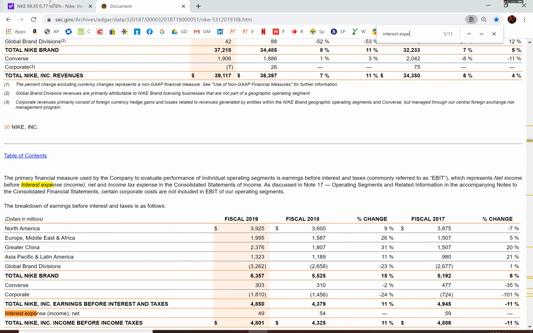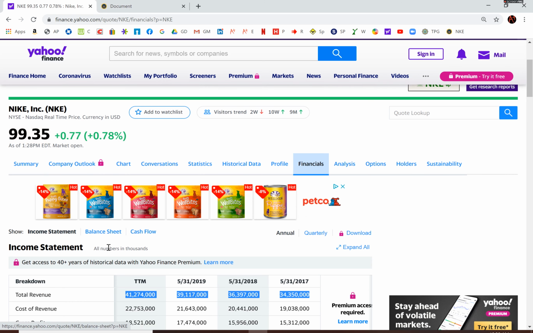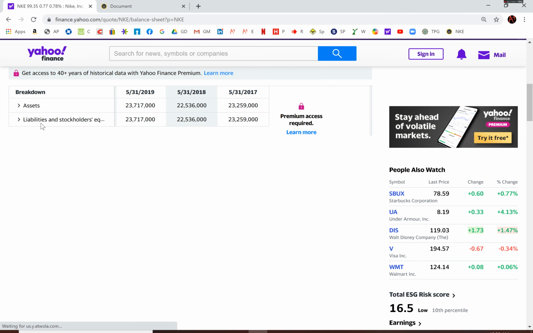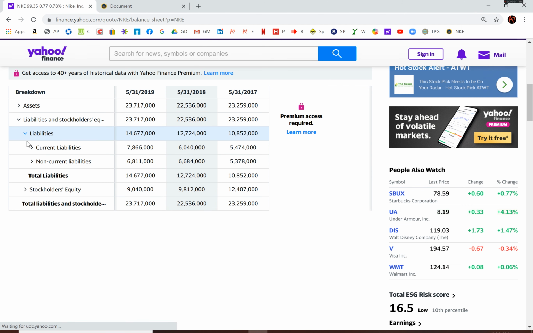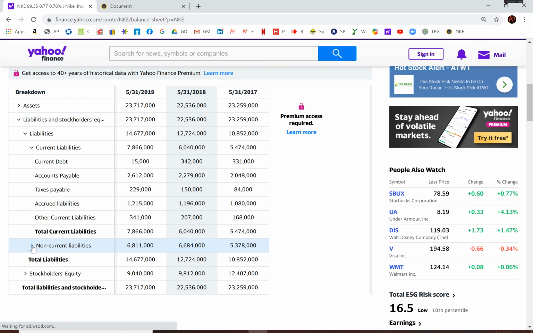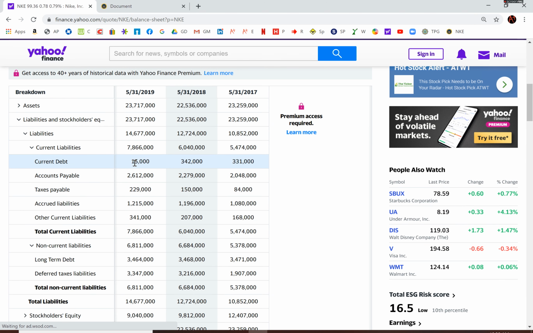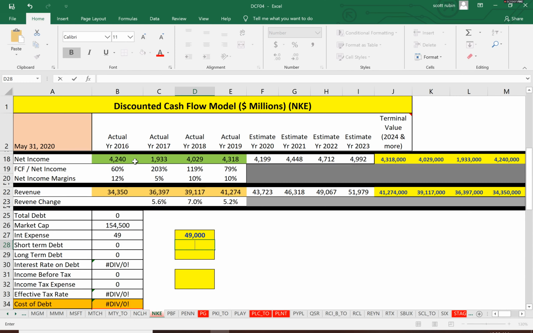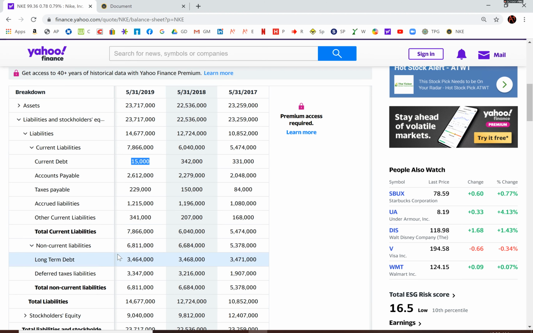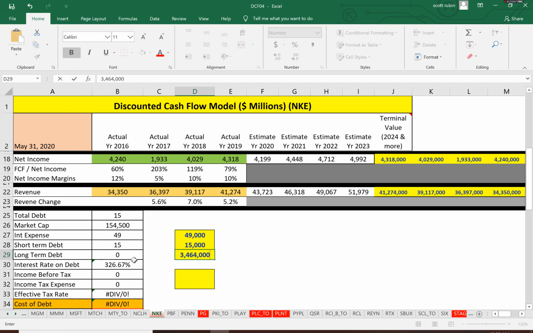Now we need to figure out how much debt they have. We'll go to the balance sheet. It's a lot easier in Yahoo to find this stuff than to search through the 10K. Current debt of 15 million and long-term debt of 3.5 billion. And long-term is due after 1 year.